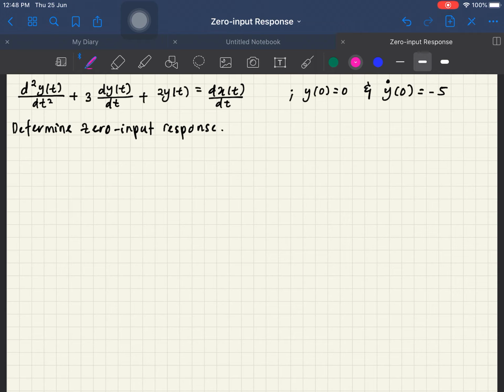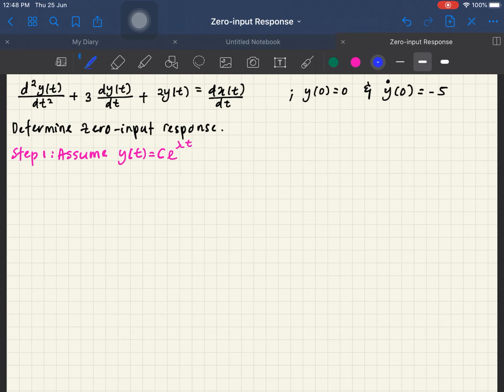The first step is to assume y of t equals c e to the power of lambda t.